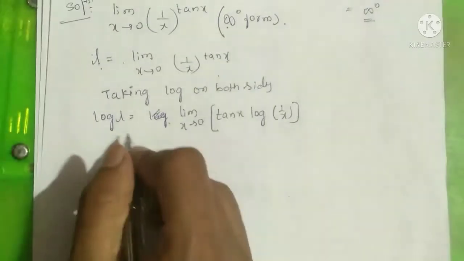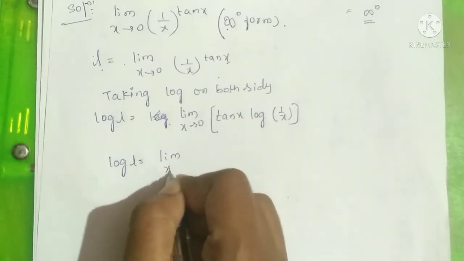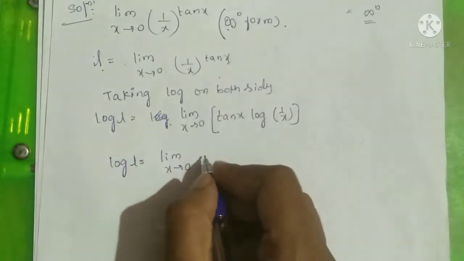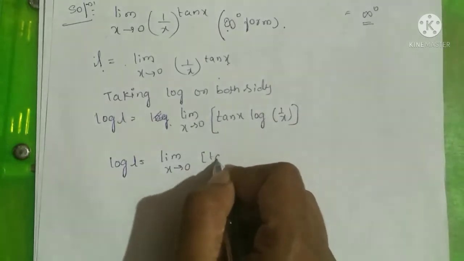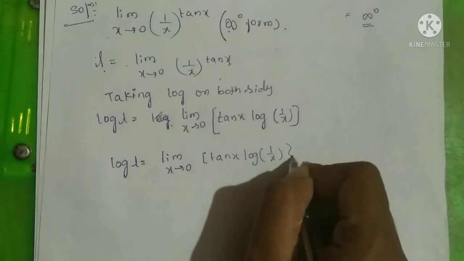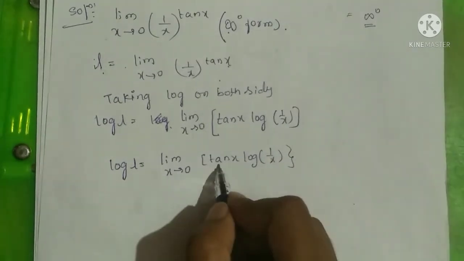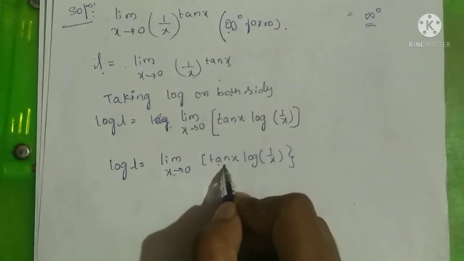Here log L equals limit x tends to 0 of tan x into log of 1 by x. So which type of form is it? Let us substitute the limit and see.